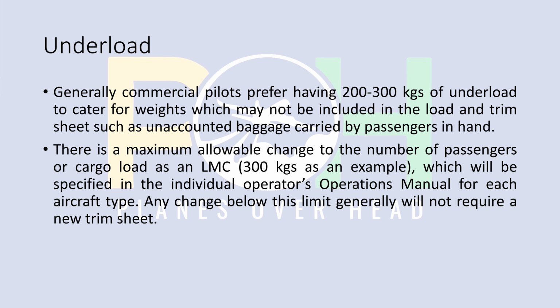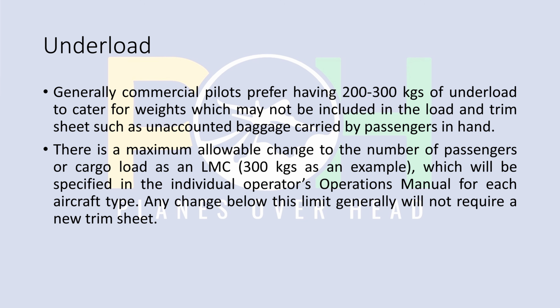Now, there is a maximum allowable change to the number of passengers or cargo load as an LMC, last minute change, for example 300 kilos, which will be specified in individual operators' operations manual for each aircraft type. Any change below this limit generally will not require a new trim sheet. Suppose only one passenger has been removed, let's say 75 kilos or 100 kilos, then you don't require a new load and trim sheet.